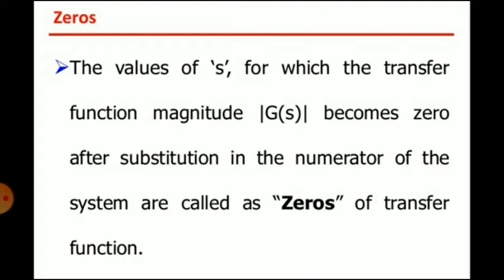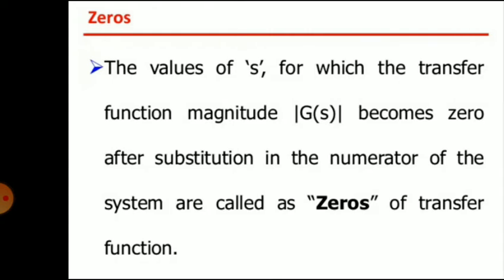Such zeros are the roots of the equation obtained by equating the numerator of a transfer function to 0. Such zeros are indicated by a circle in the s plane. That is the indication after finding the roots.